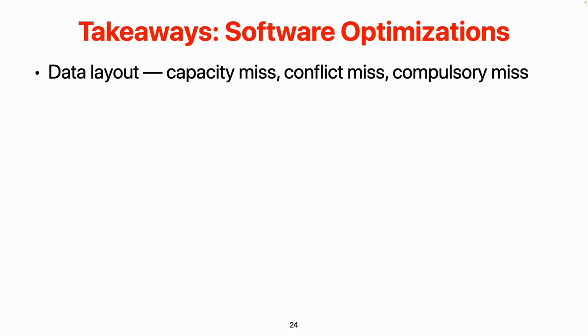So you can reduce the capacity misses, and as long as you have fewer blocks, there are also lower chances to hit conflict misses as well as compulsory misses. So it's good for everything. The fundamental of software optimization for cache performance is to choose the right data structure, and choose the right way of implementing your data structure. So that's the first thing.